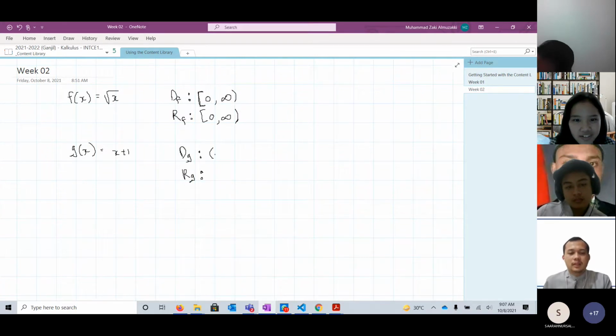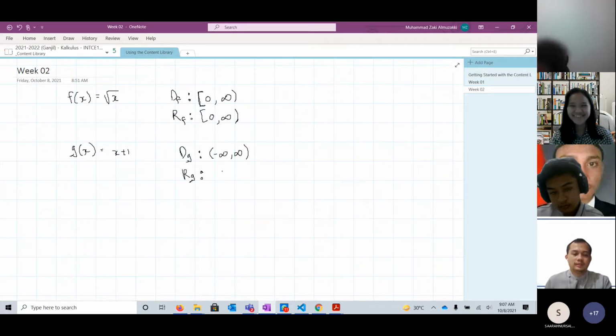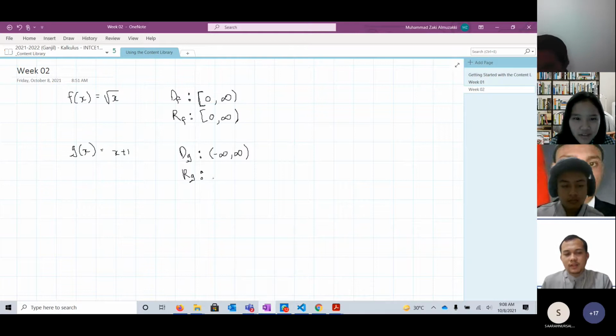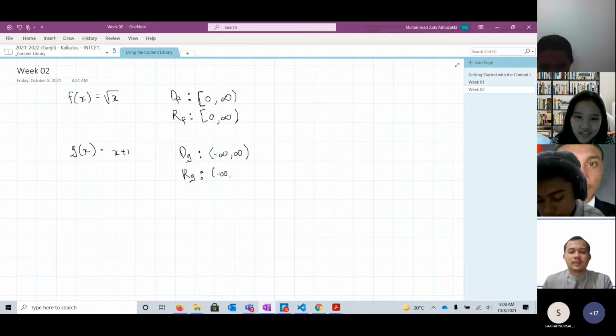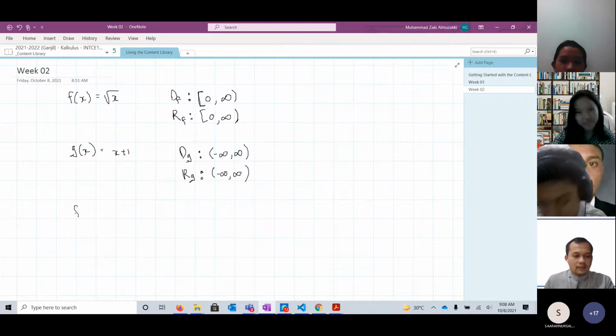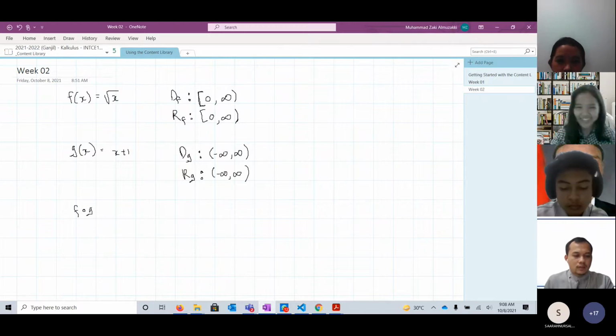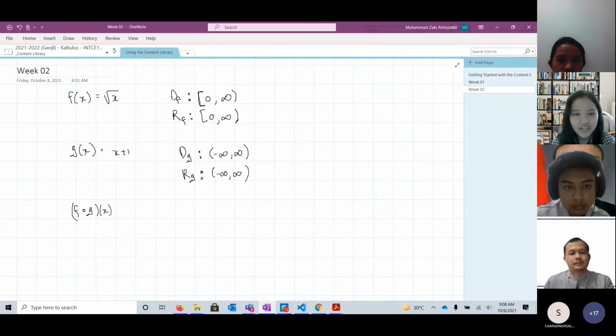Yeah, correct. Minus infinity to infinity. And what is the range of g? Minus infinity to infinity also, yes. Also minus infinity to infinity. Correct. Now, we want to construct f composed with g of x.